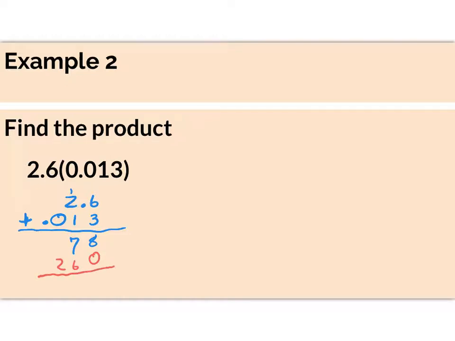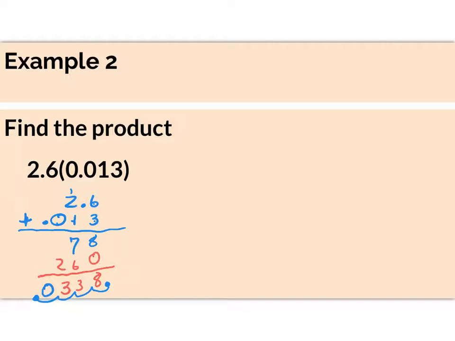I'm not going to worry about the decimals yet. So 8. 7 and 6 is 13, plus 1 is 3. Okay, so now our decimals at the end. We got 1, 2, 3, 4 numbers behind a decimal. So I go 1, 2, 3, 4. 4 numbers. Put a 0 in.